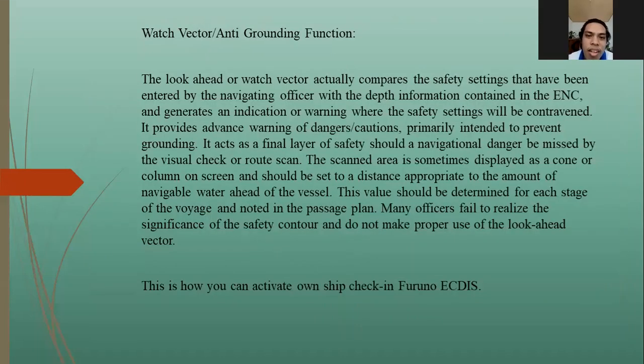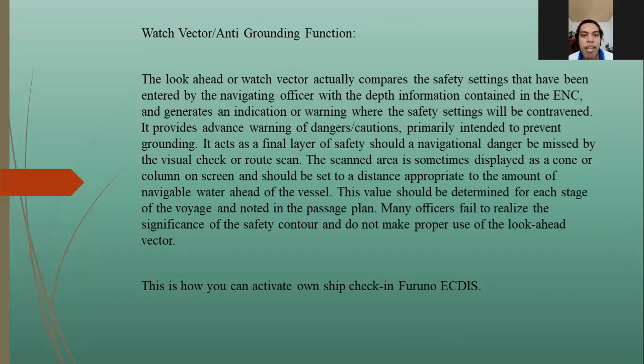Watch vector or anti-grounding function. The look ahead or watch vector actually compares the safety settings that have been entered by the navigating officer with the depth information contained in the ENC and generates an indication or warning where the safety settings will be contravened. It provides advance warning of dangers or cautions, primarily intended to prevent grounding.